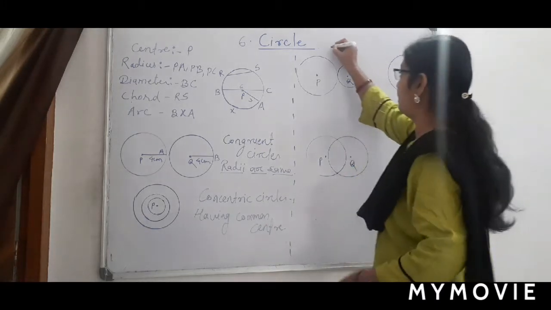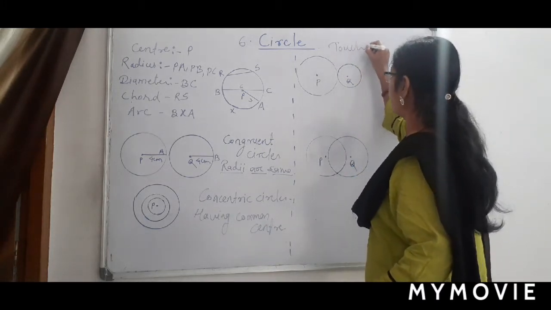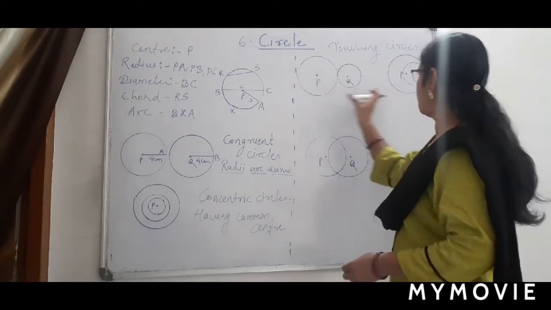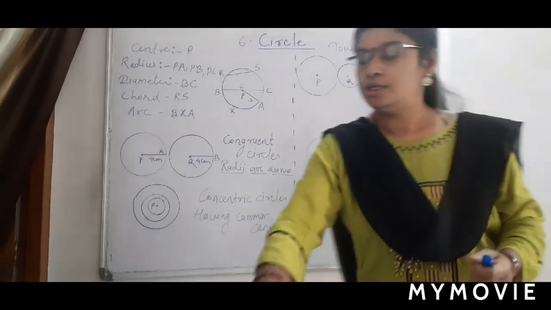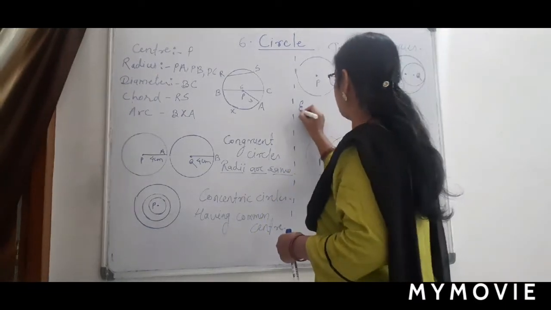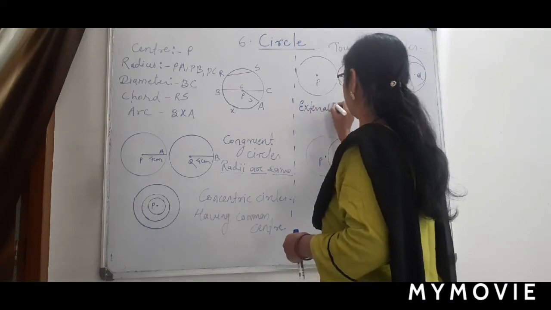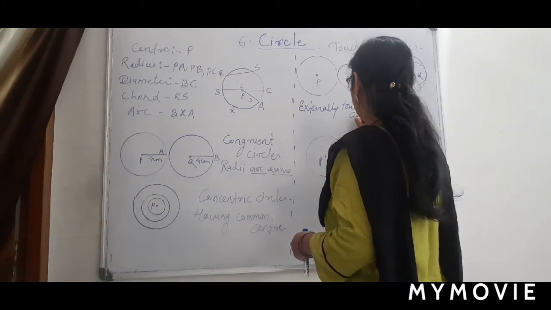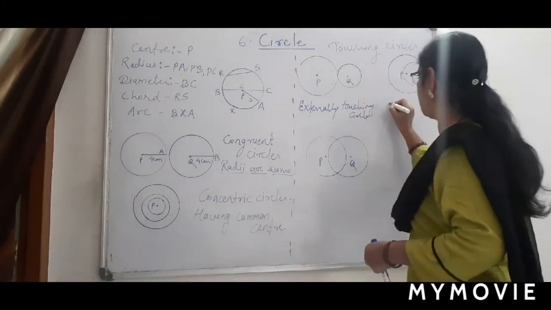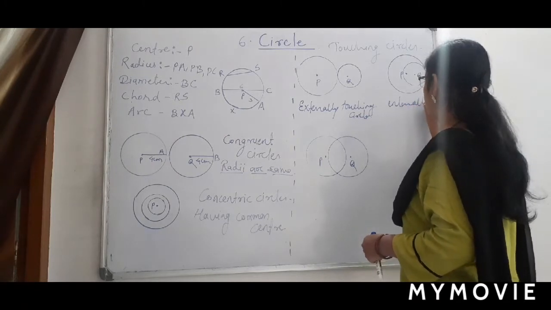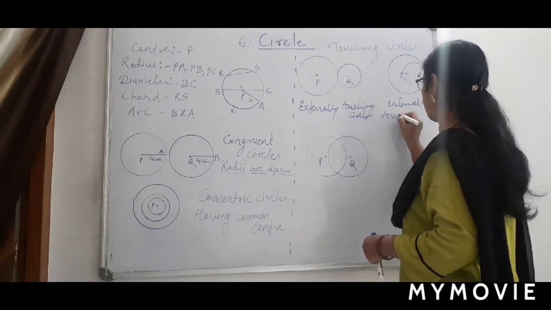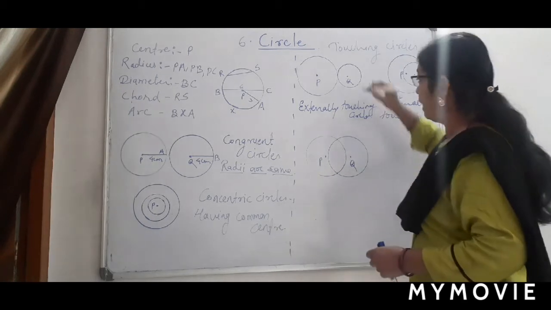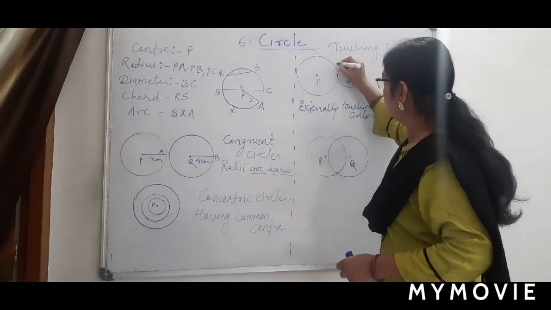Now the next circles are touching circles: externally touching circles and internally touching circles. These are externally touching circles. These type of circles are internally touching circles, having only one point common.